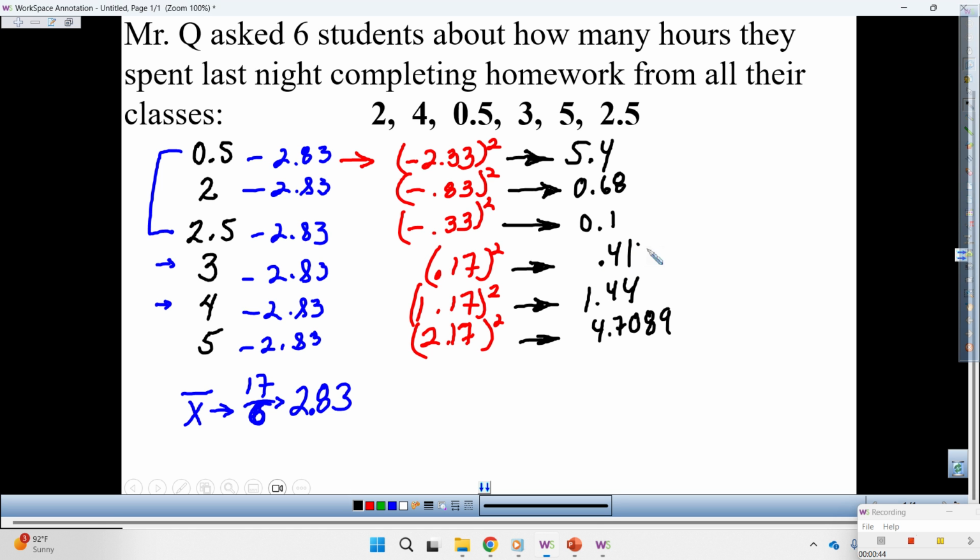This one's not that? All right, let's double check that one. 0.17 squared is what? 0.02? All right, change that one. Thank you. And what do we do with all these numbers again, people? Find the mean. That is correct.